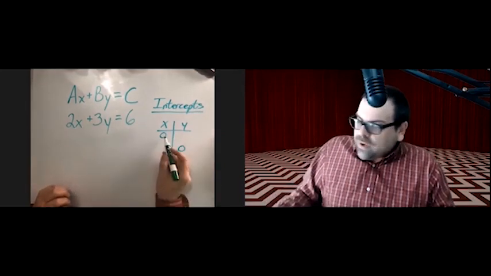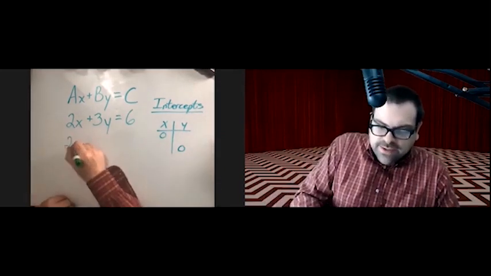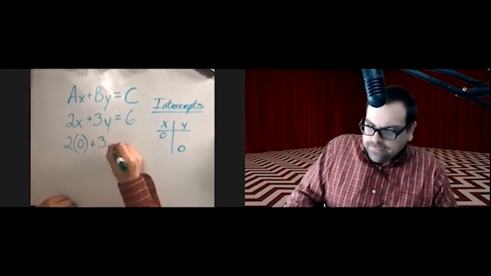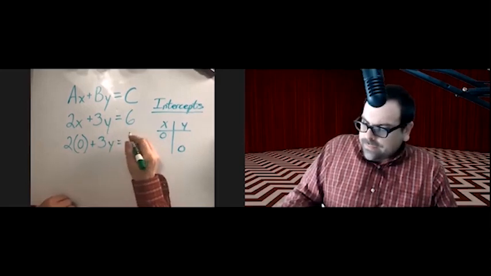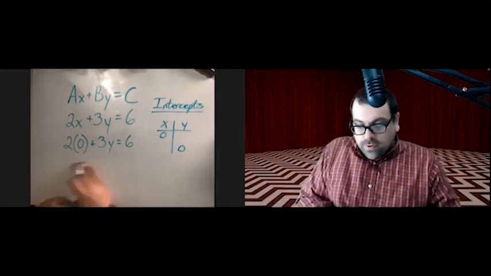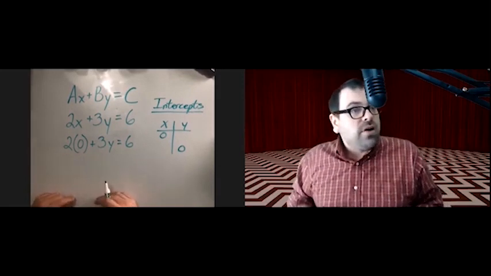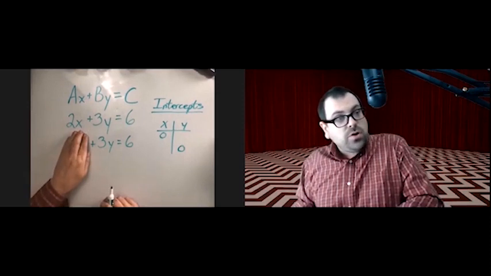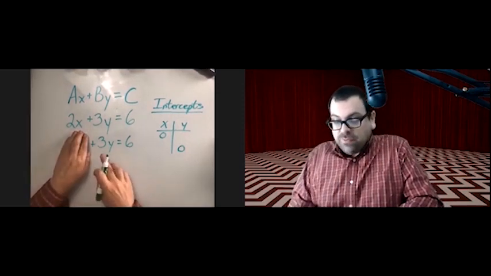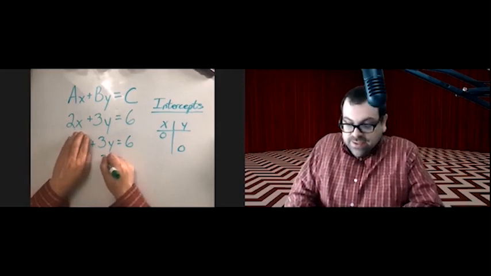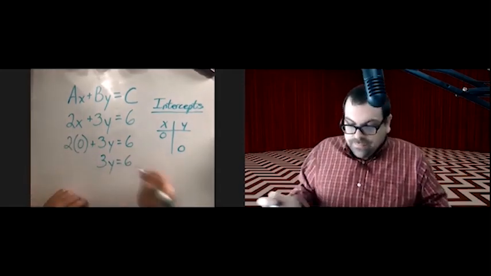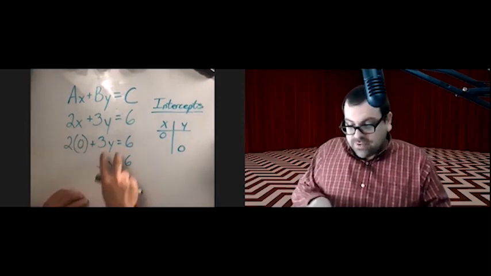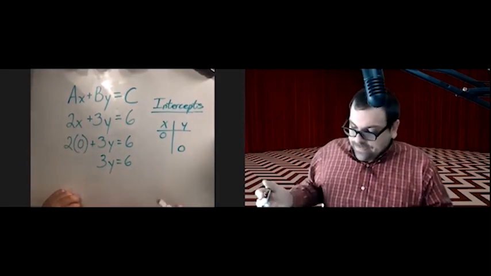How do we find it? We plug 0 in for x and solve for y. Remember, I said we can call this the cover-up method, because when we plug 0 in, it's like that term goes away, and we would just be left with 3y equals 6. 2 times 0 is 0. 0 plus 3y is just 3y.